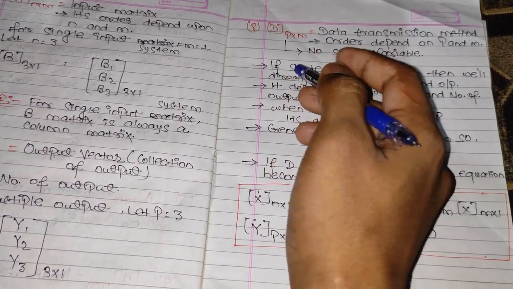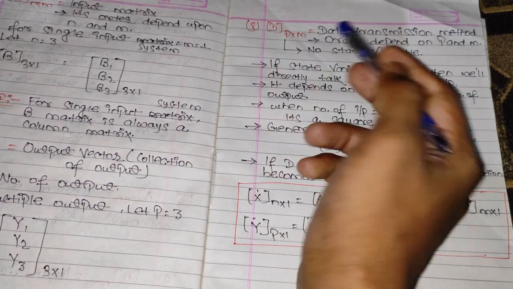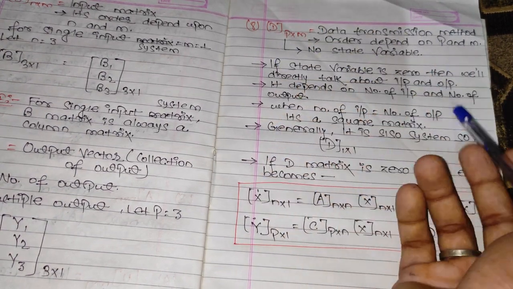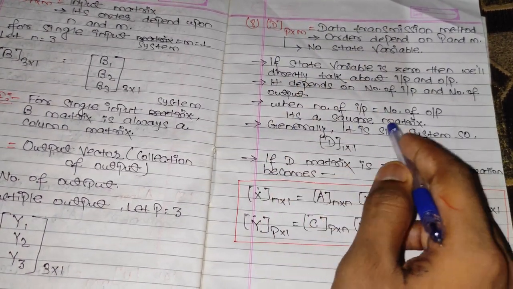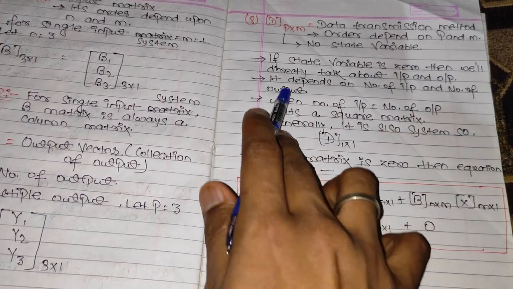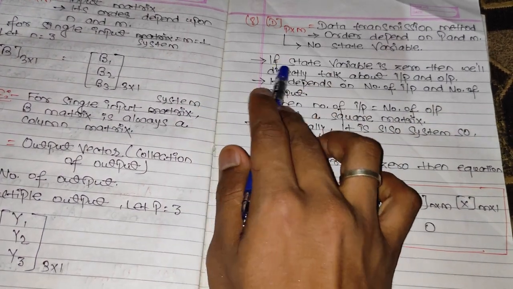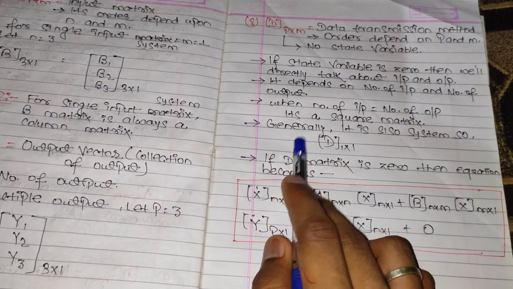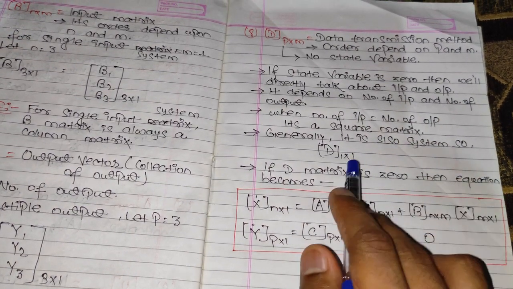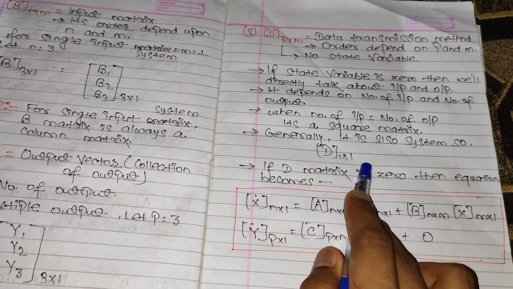When the state variable is missing, we are directly talking about input and output. If input equal to output, then we will get a square matrix. So the order of this matrix depends upon the number of inputs and number of outputs. Generally it is a single input single output system, so D equals 1 cross 1.